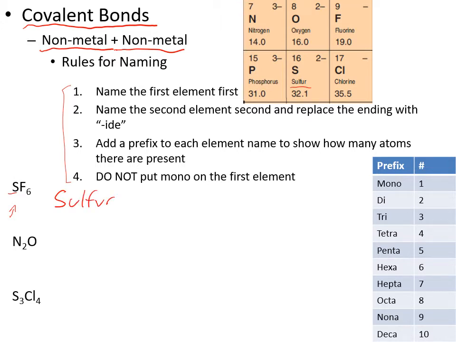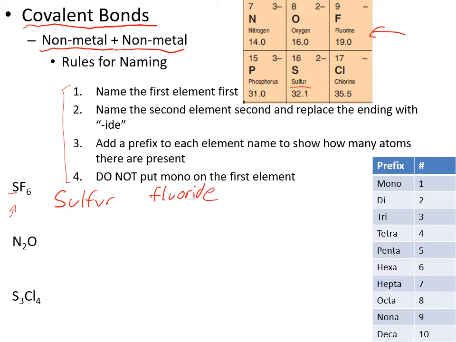Then I name the second element after that and replace the ending with "ide." We should be familiar with how to do that. So the second element becomes fluoride, just like our ionic naming.